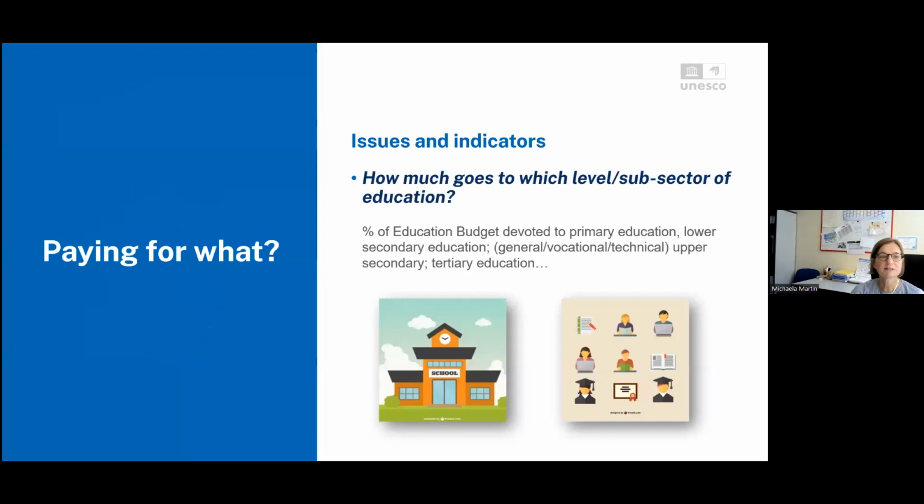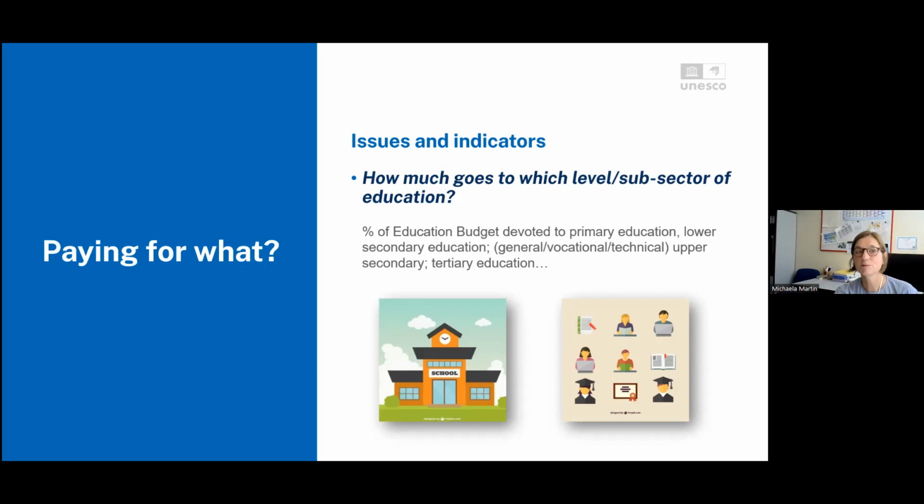Now, here comes the question, paying for what? And one of the related issues is how much goes to the different levels, subsectors of education. George, in your intervention, you mentioned already the different subsectors, in Uganda, from early childhood to primary, and then secondary and tertiary education.